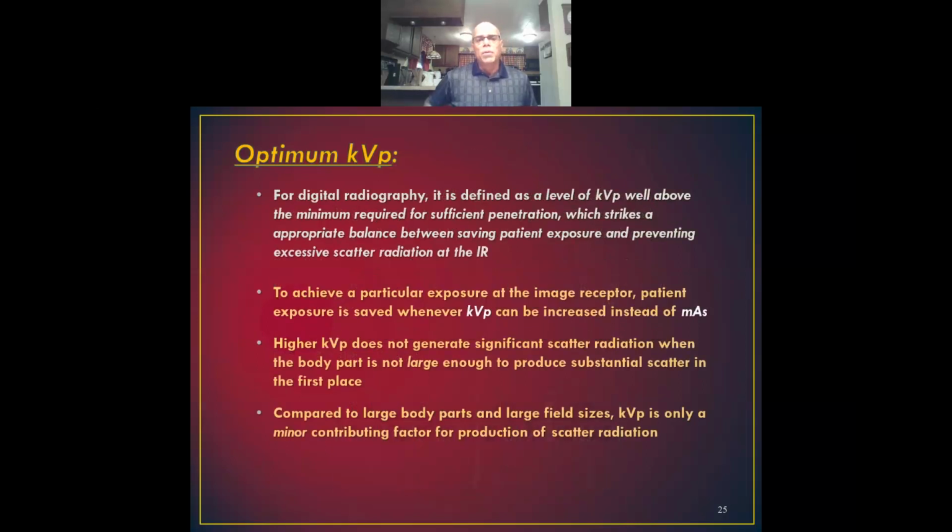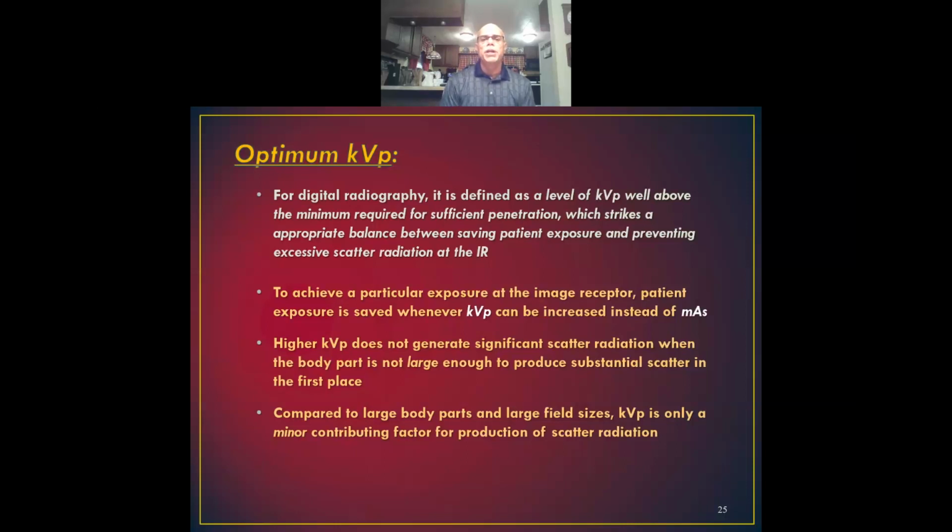Okay, so optimal kVp, again, I'm still on page 255. It says that patient exposure in the 15% rule, for digital radiography, optimal kVp is defined at a level of kVp well above the minimum required for sufficient penetration, which strikes the appropriate balance between saving patient exposure and preventing excessive scatter to the IR.